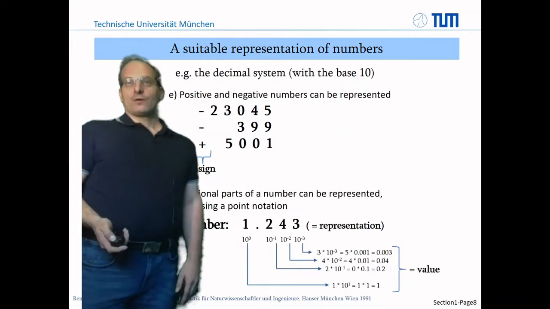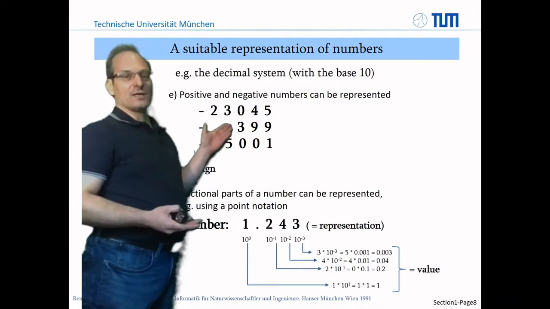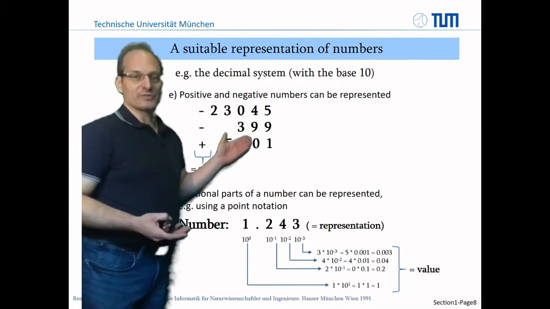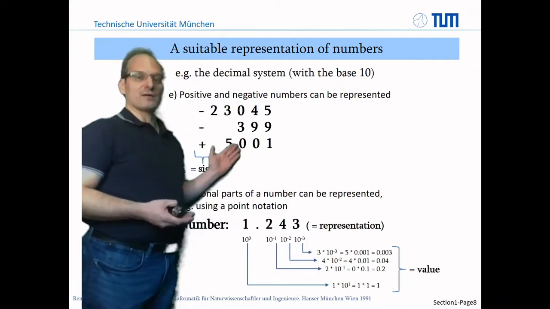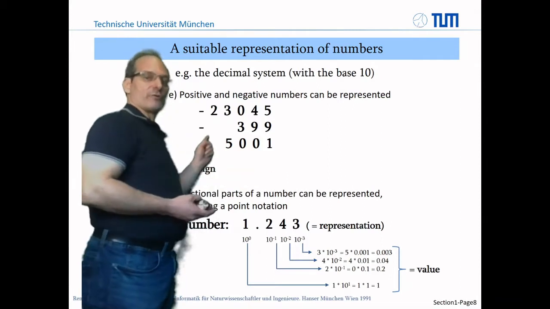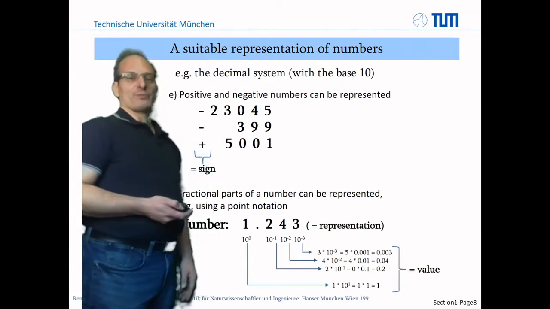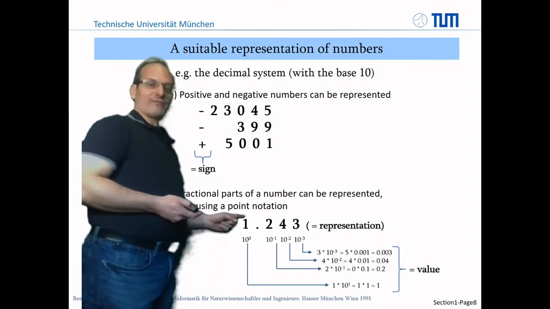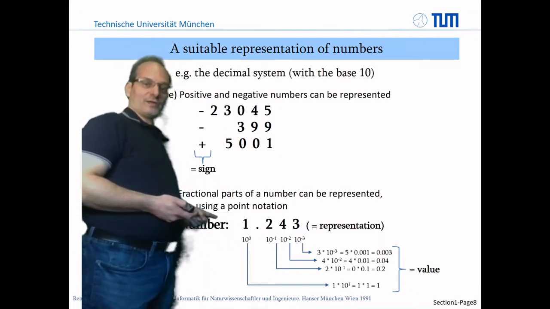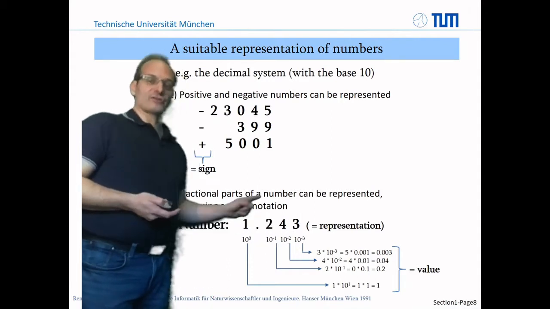And what else? We have a possibility to represent plus and minus numbers. If we can do calculations, so if we can subtract numbers, we can also represent minus numbers. And we have a possibility of fractions. Here we have numbers in front of the decimal dot, and we have numbers in the fractional region.